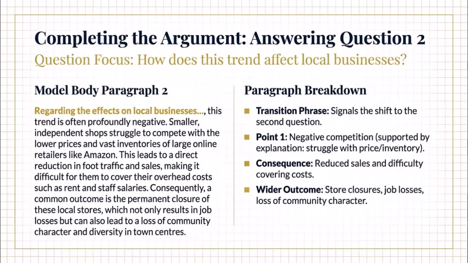It then explains the consequence, a reduction in sales and foot traffic, making it hard to cover costs. Finally, it mentions the wider outcome, store closures, job losses, and a loss of community character. This paragraph is also detailed and well supported, explaining the negative effects clearly.